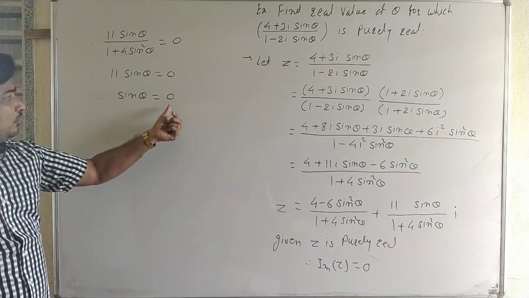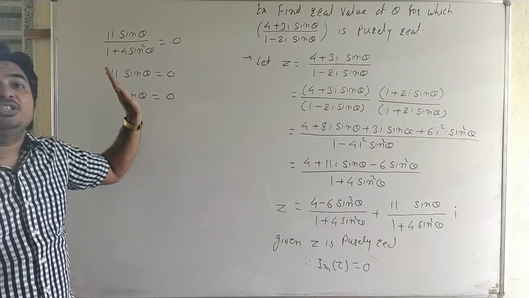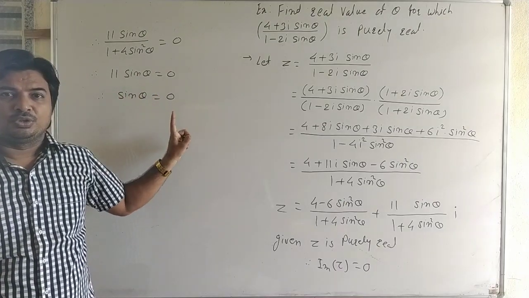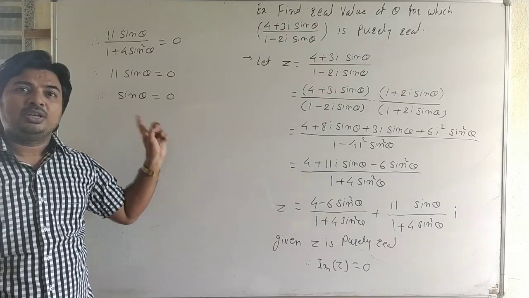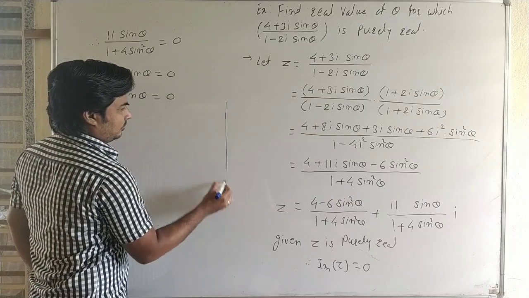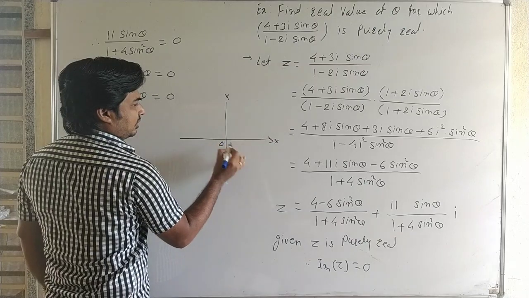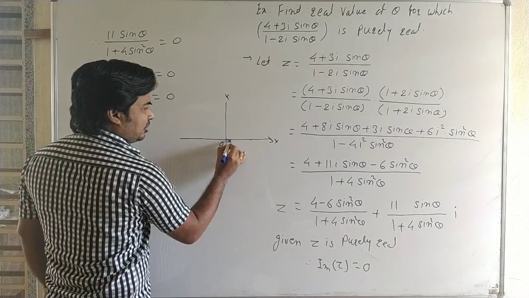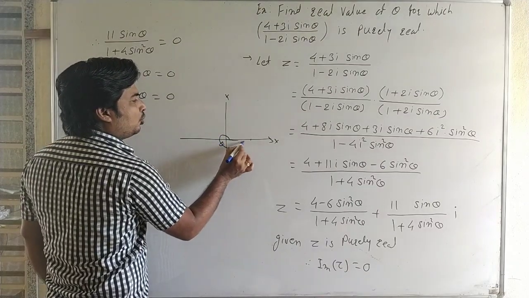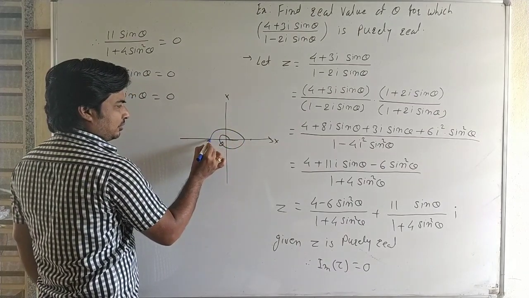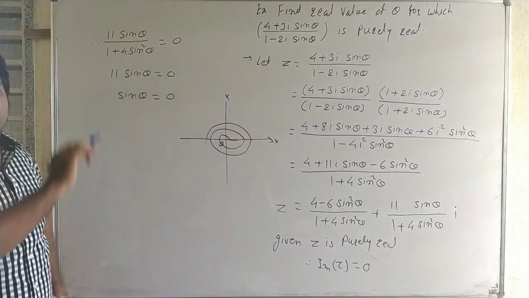Then sin theta equal to 0, therefore in which angle is sin theta equal to 0? Sin 0 is 0, and sin 180 is also 0. Looking here at the x and y axes, with the origin, sin 0 is 0, sin 180, that is sin pi, is 0, sin 2 pi is 0, sin 3 pi is 0, sin 4 pi, then 5 pi, up to infinity, that is n.